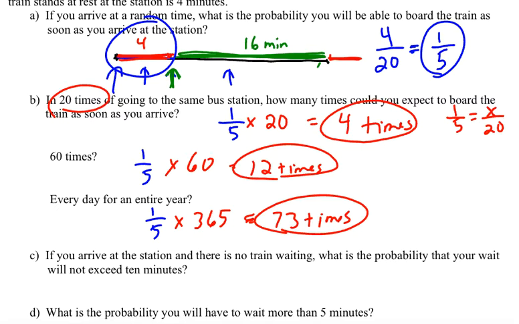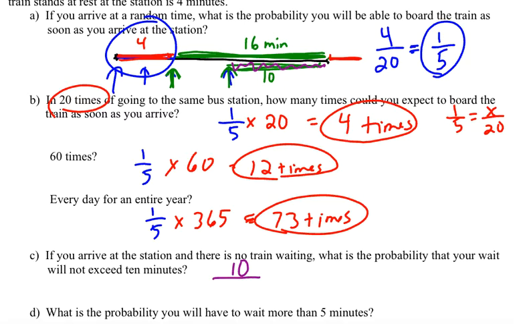So I want to know what's the probability my wait will not exceed 10 minutes. Well, I'm waiting more than 10 minutes until I get 10 minutes from the end of my segment right here. So for these last 10 minutes, I should use a different color here, I'm waiting 10 minutes or less, not more than 10 minutes, out of total. Be careful here.